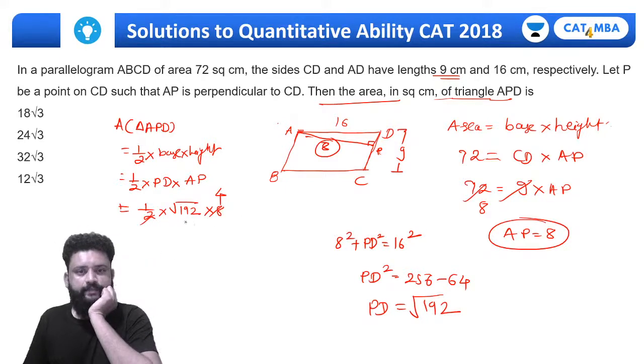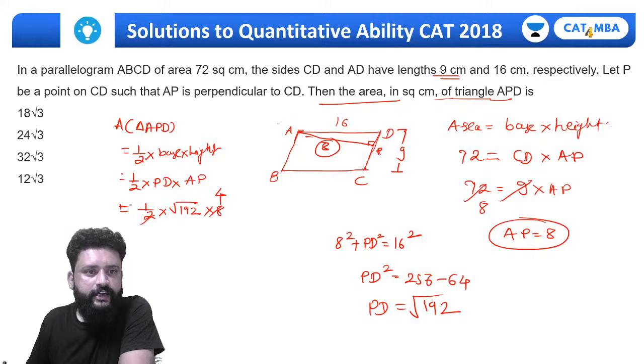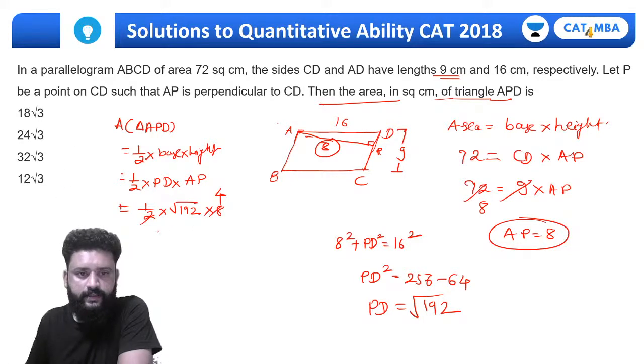So let's see, how can I write 192? Root 3 is definitely visible here. Just a minute, let's finish with the calculation part. The final answer will be 4 into under root of 192.